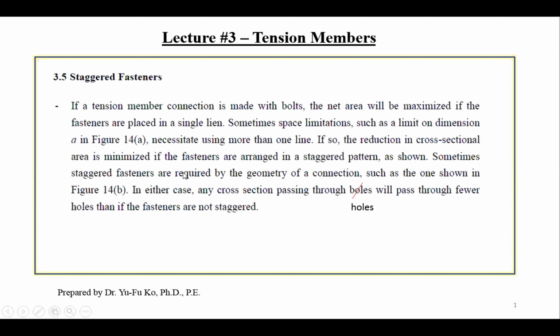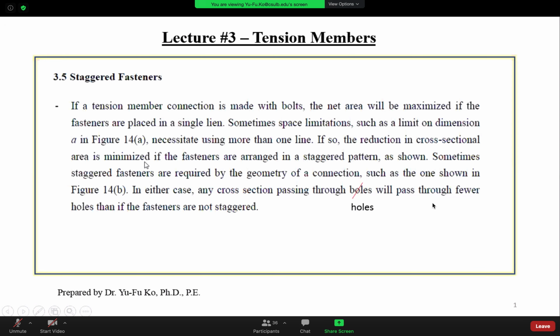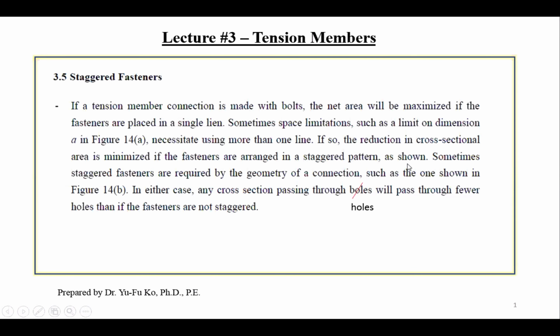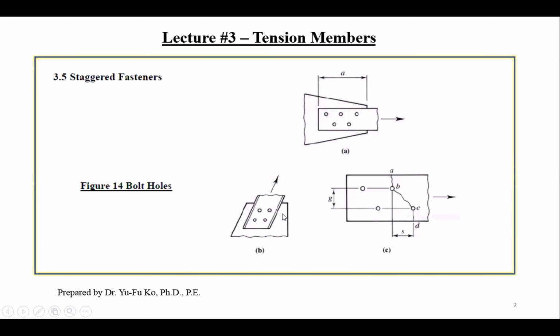So the reduction in cross-section area is minimized if the fasteners are arranged in a staggered pattern. Sometimes staggered fasteners are required by the geometry of the connections, such as figure 14b, like this one. Sometimes your member itself is already skewed.